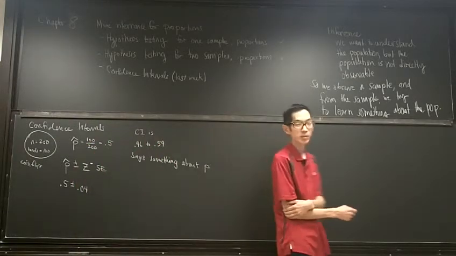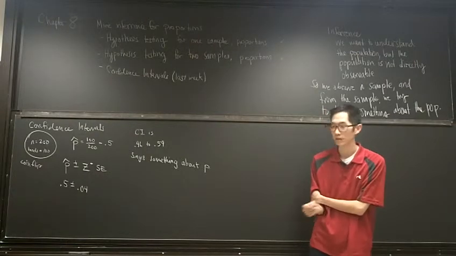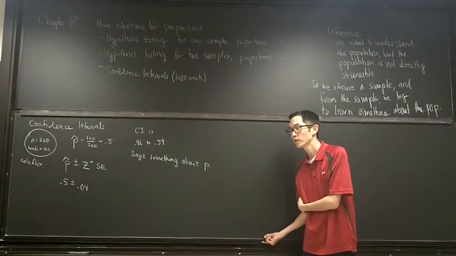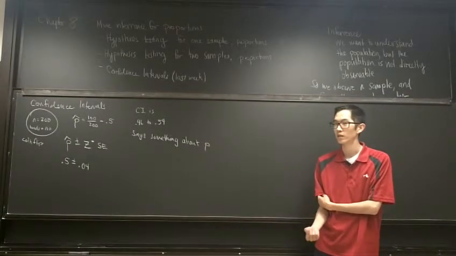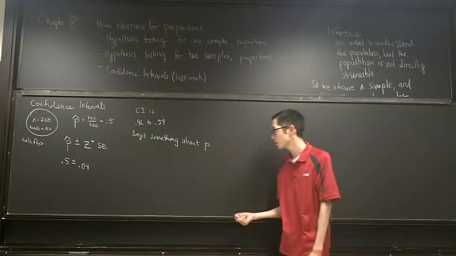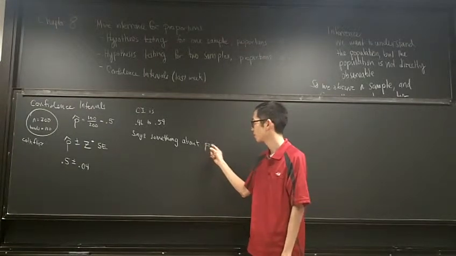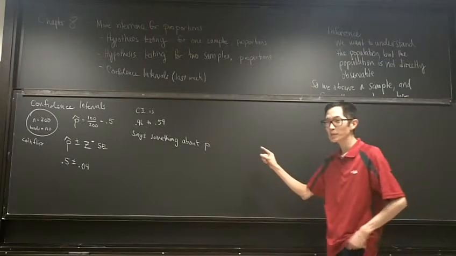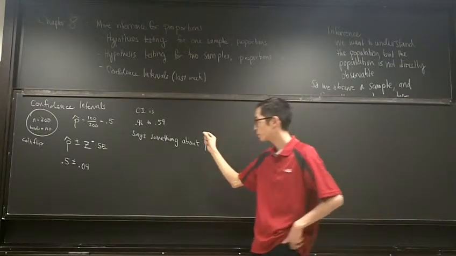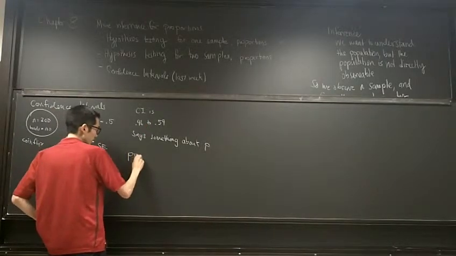It's a parameter. What is this parameter? It's the percentage of heads. P represents the proportion that a coin lands heads.